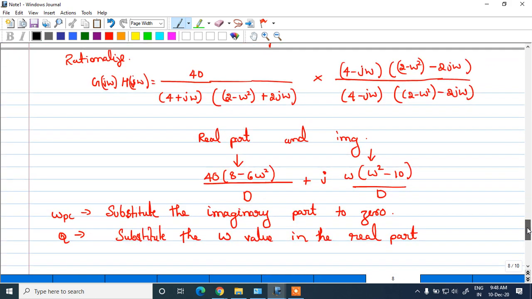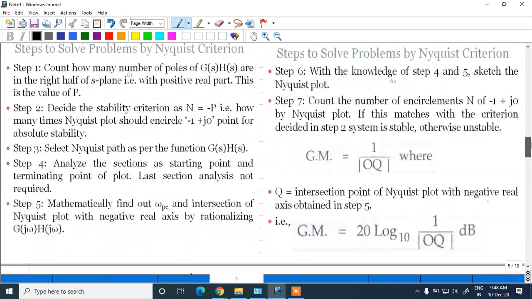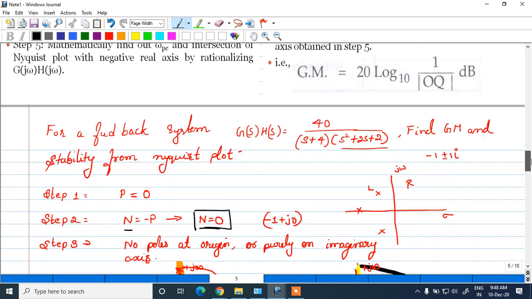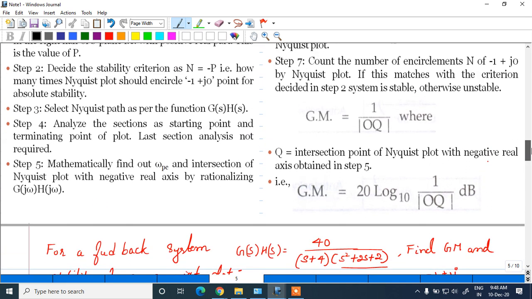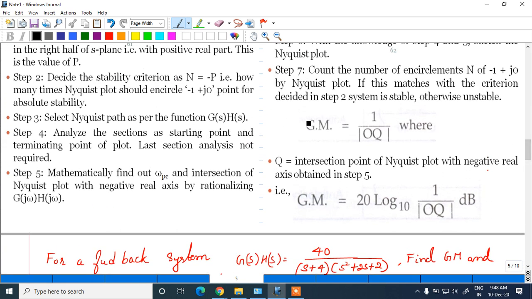And here we have one more thing to identify, that is gain margin. From the problem we need to identify the gain margin also, and here we have the formula.